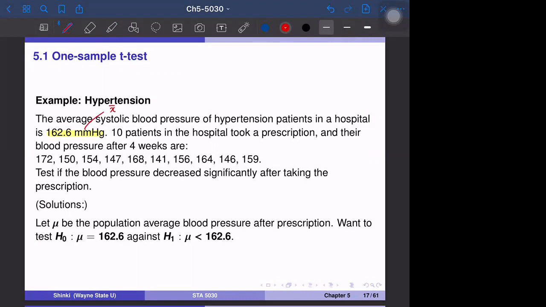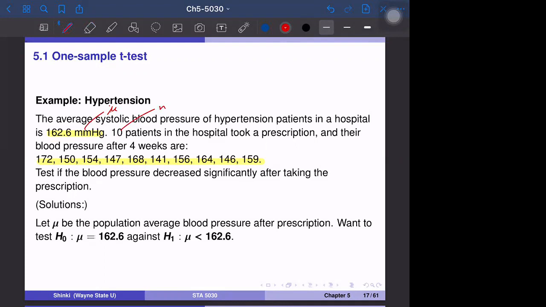And 10 patients, so this is N, in the hospital took the prescription, and their blood pressure after 4 weeks is these. Oh, sorry. This is the average blood pressure in the hospital, so this should be mu. After the prescription, they measure the blood pressure again for the 10 patients.